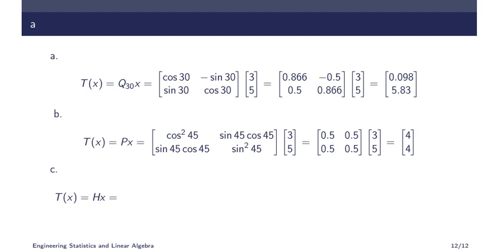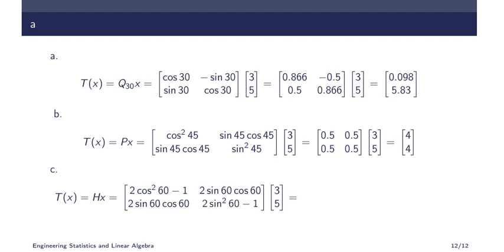And for the last, T of x is Hx, equal to 2 cos square 60 minus 1, 2 sin 60 cos 60, 2 sin 60 cos 60, 2 sin square 60 minus 1, into 3, 5. That will be 2.83 and 5.09. So you only have to identify what the matrix is and multiply the vector. So this is all about today's class.